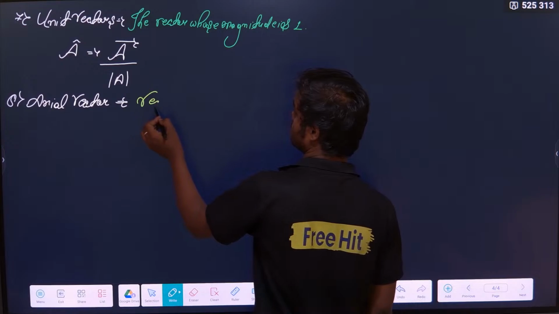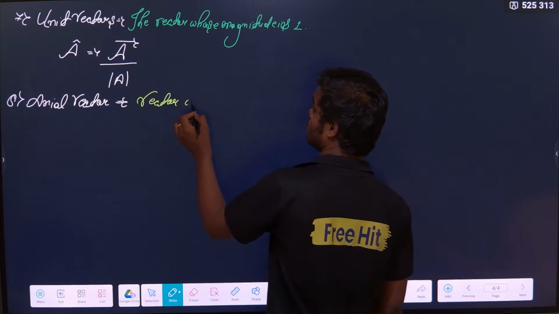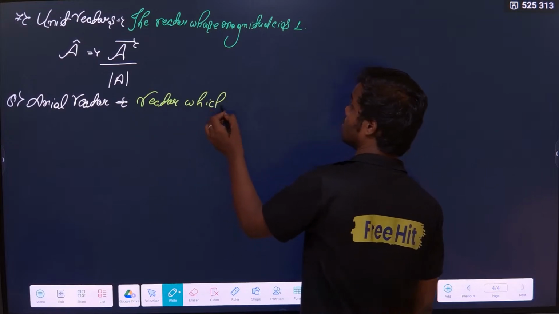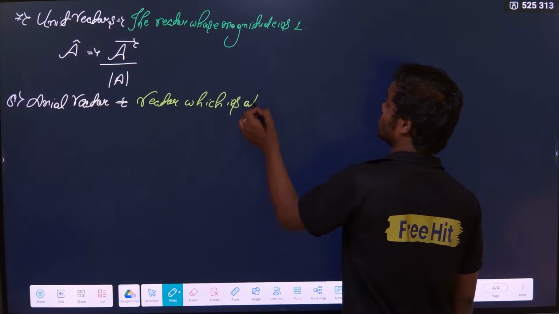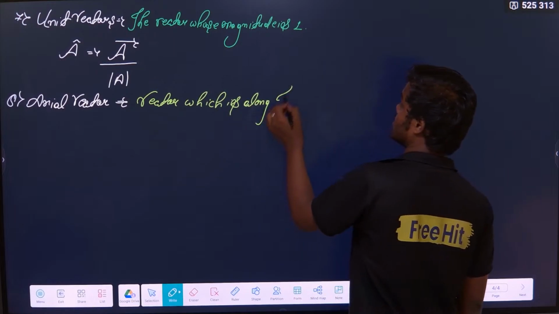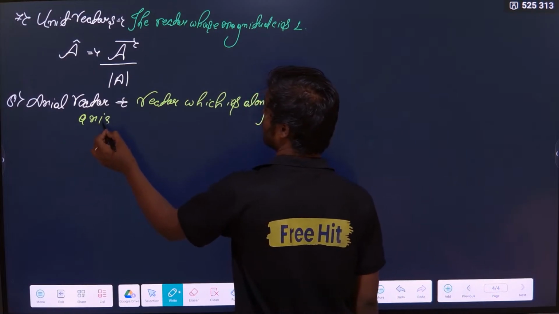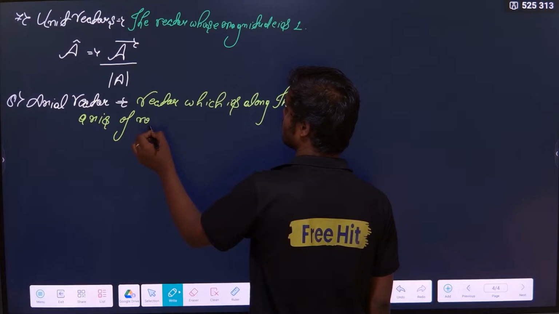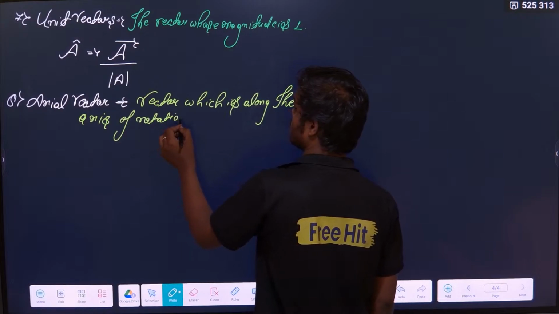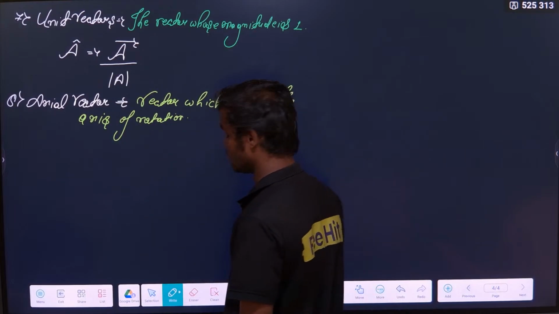That is, a vector which is along the axis of rotation. Clear?